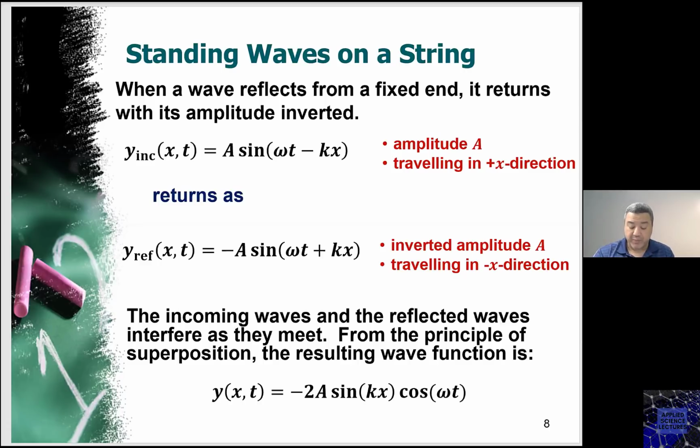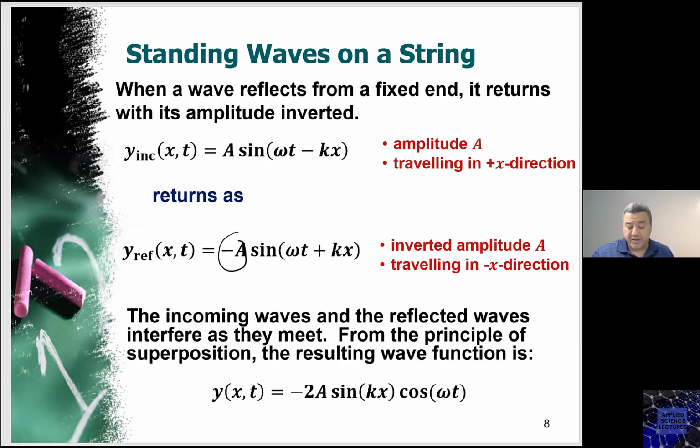When it's reflected back, right at the reflection point the amplitude will be inverted, will be minus y. This is to satisfy what we call the boundary condition, because it has to be zero right at the reflection point. Then in this case, the amplitude will be inverted. So this is where the minus came from.